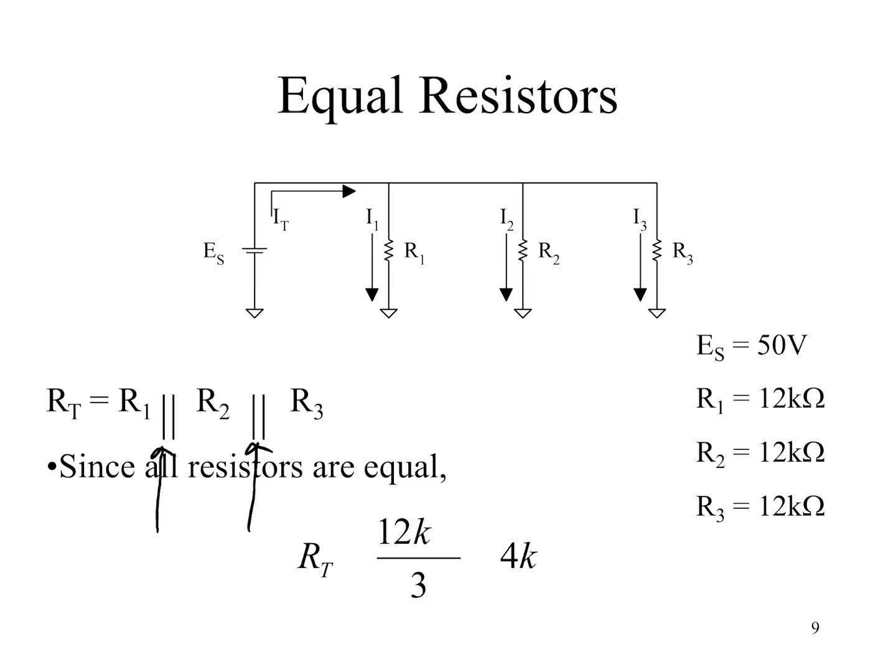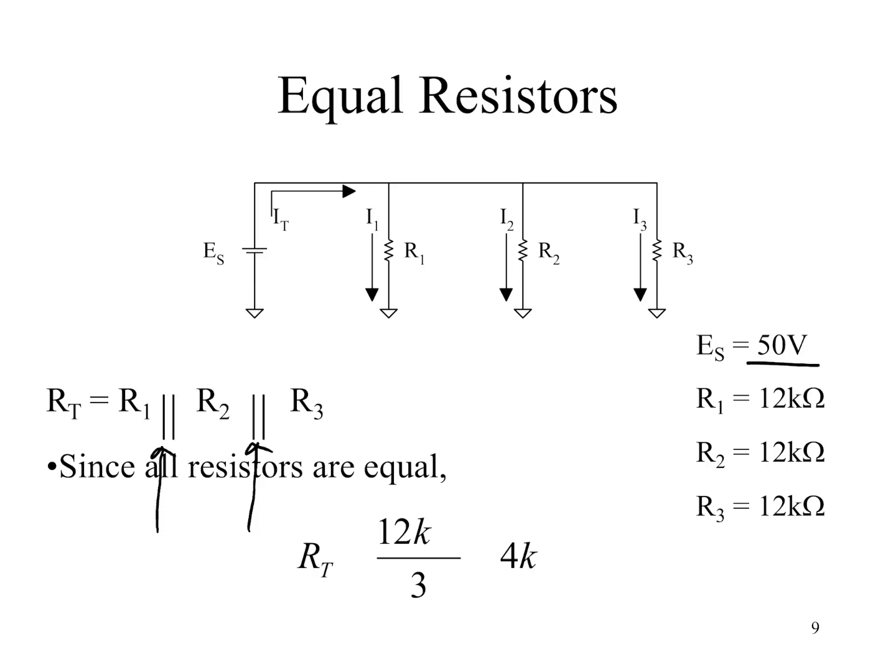When resistors are equal, that means they conduct an equal amount of current. So if we were to evaluate that here, we know this is a current divider. We've got the same 50 volt source connected to each one of them. That means that each current will be identical.